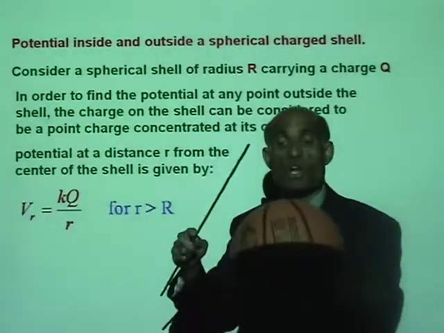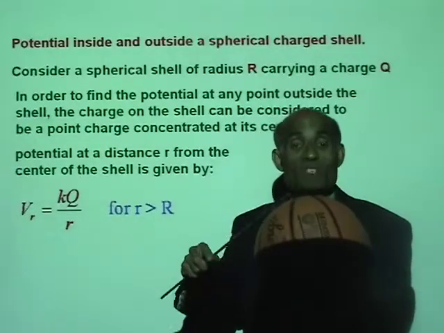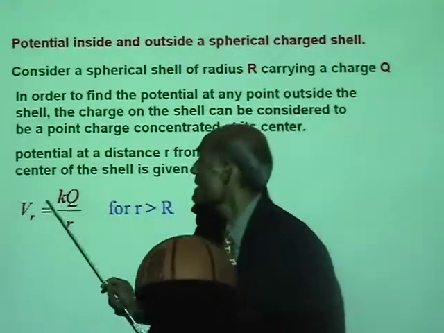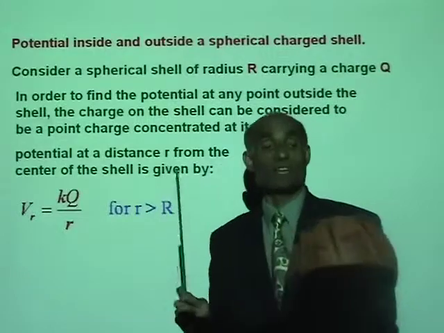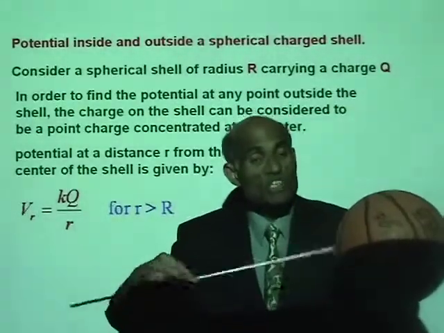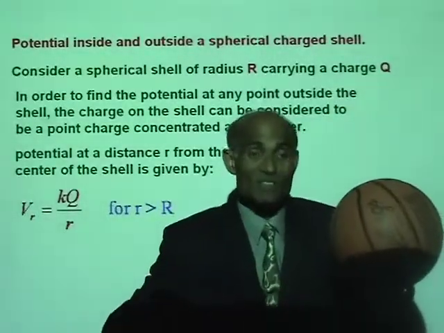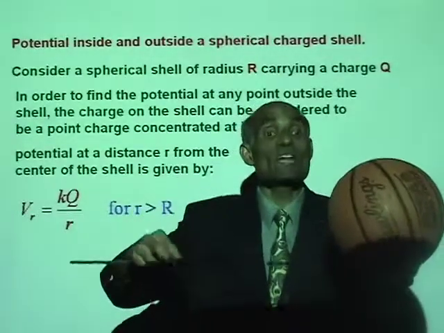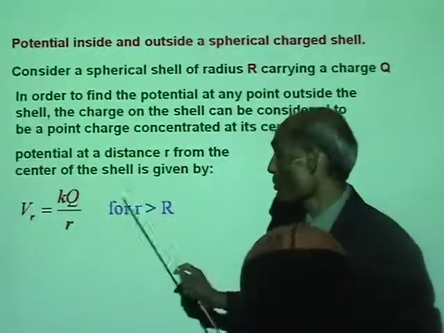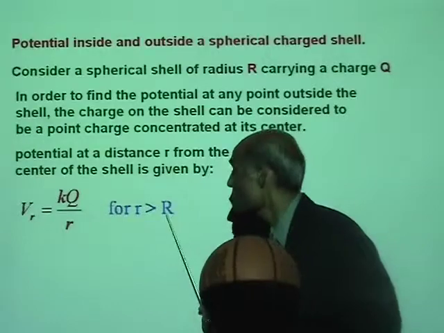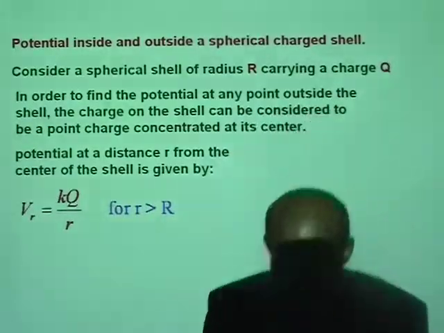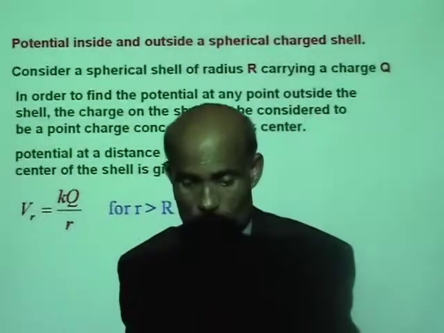The potential on the surface of the spherical shell will be KQ over the radius. And if the potential inside has to be a constant, that means everywhere inside the shell, the potential has to be KQ divided by the radius. And that is the way it is.